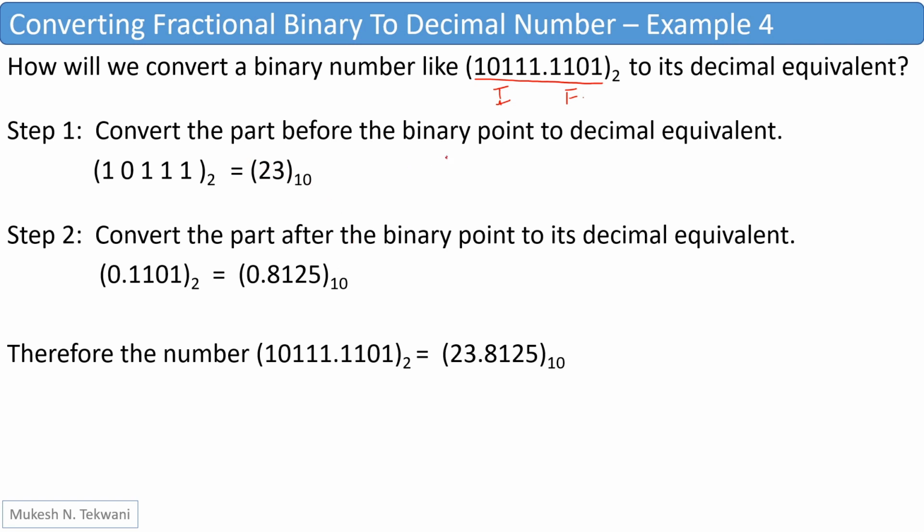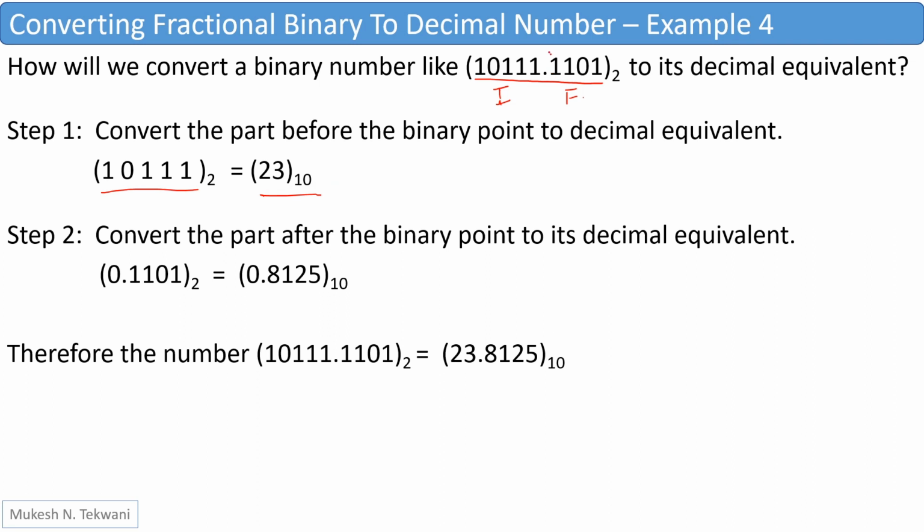Now to convert this type of number into its decimal equivalent, we first take the integer part, that means the part before the binary point, and we convert this number into its equivalent decimal. This we have already seen in the first example, how we convert an integral binary number into its decimal equivalent.